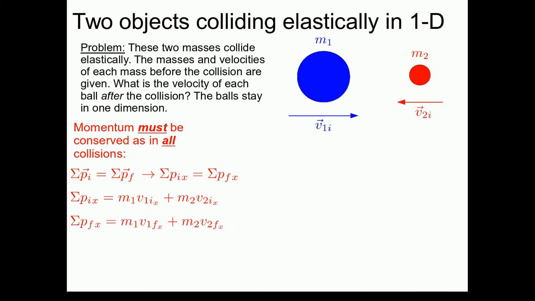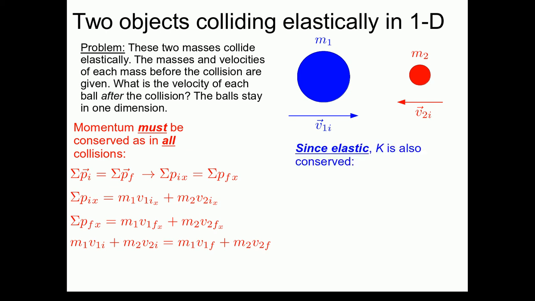Similarly for after the collision. Conservation of momentum says that these two quantities must be equal to each other. Since this is all happening in one dimension, and we already have a lot of subscripts, I'm going to get rid of the little subscript x. We know that everything is happening in the x direction here, and this just makes it cleaner to look at.